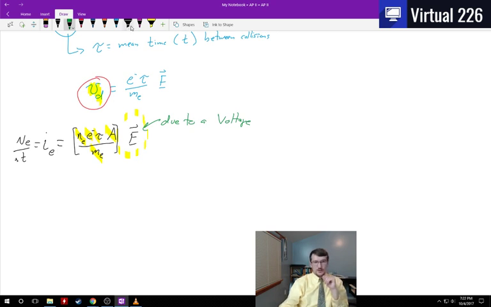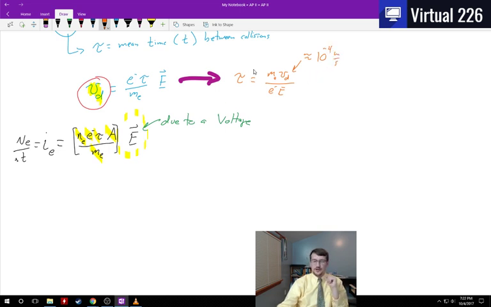Not only this, but if you reworked this equation, you could see that the mean time between collisions could be found simply by taking the mass of the electron, if you knew the drift velocity, divided by eE. This is approximately on the order of 10 to the negative 4 meters per second.